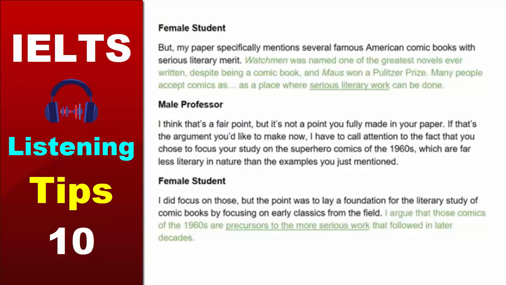All right? Then, after the male professor has something to say, she sort of responds to his criticism of her discussion of the 1960s superhero comics by saying, at the bottom in green, that they were precursors to more serious work that followed in later decades. Okay, so this one is testing your knowledge of the word precursor, because that idea paraphrases what we get in the answer choices.